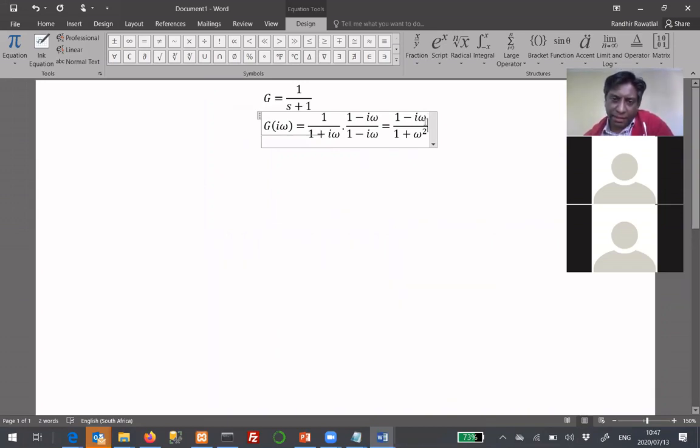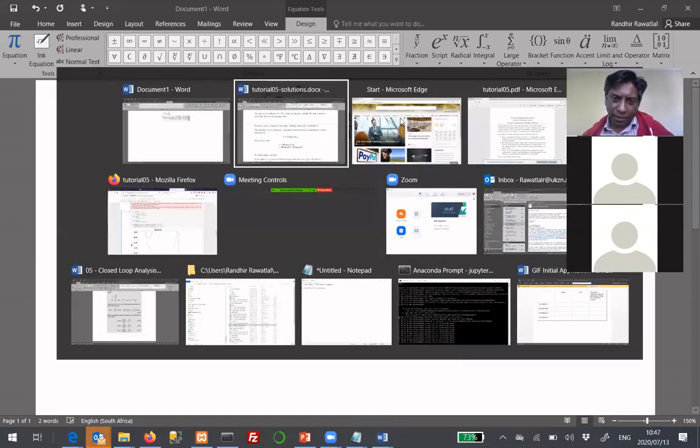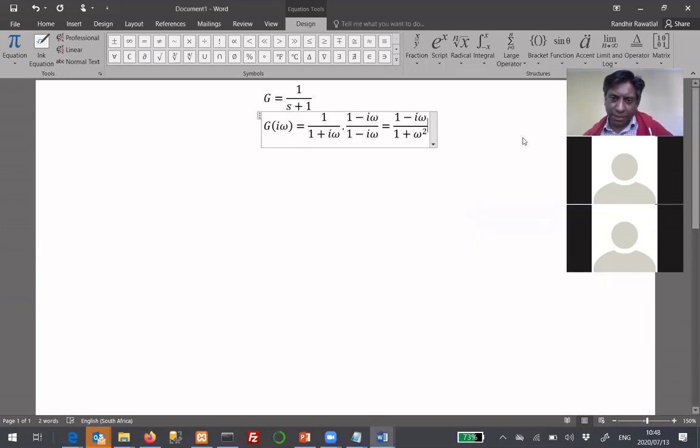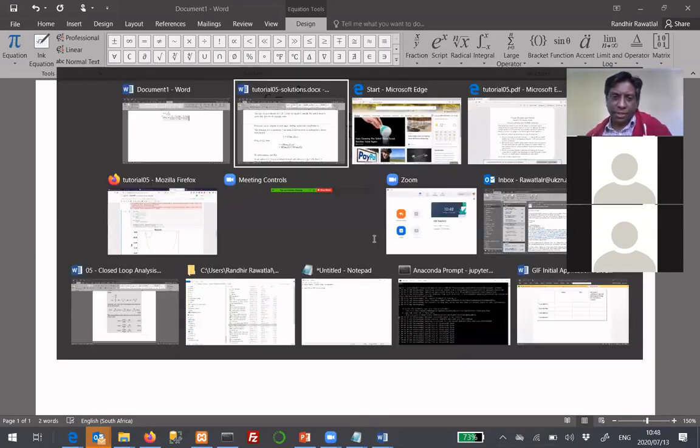And as we go off to infinity, the omega squared down here is going to beat the omega up here. So this is going to go off to 0 as well. So the imaginary part starts on 0, and the real part starts on 1. And you can imagine plotting that out, but it's done for us here.